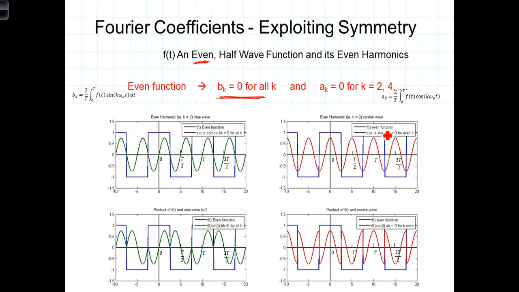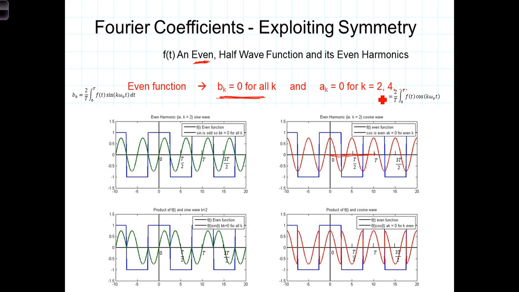When k is even, for example 2, we get two complete waveforms of our cosine term in a single period of our even half-wave function. There's the period of the half-wave function, and there are 1, 2 complete cycles when k equals 2.